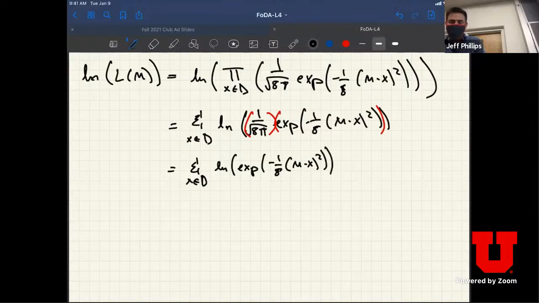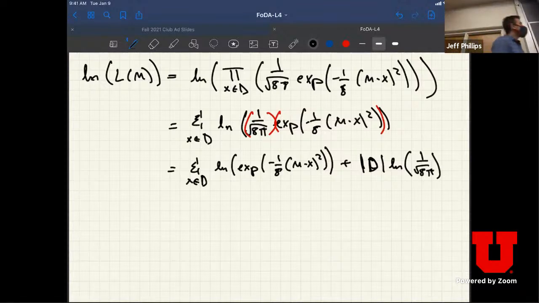The second one does not involve m or x at all, so I can just use the size of D, the number of elements I have. This is the cardinality of the set D, times the natural log of 1 over square root 8 pi.